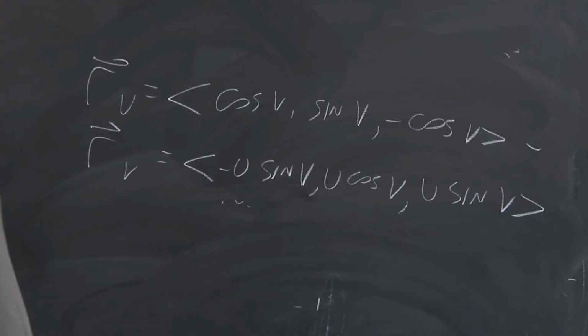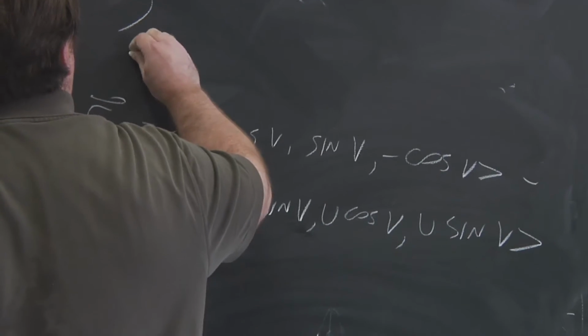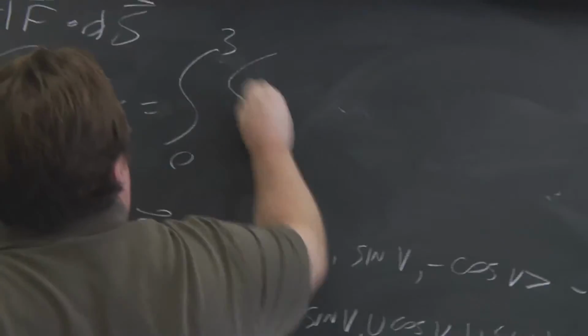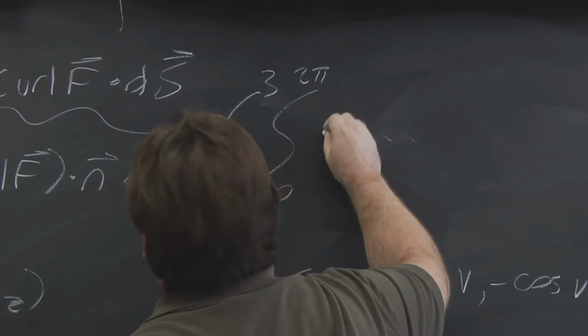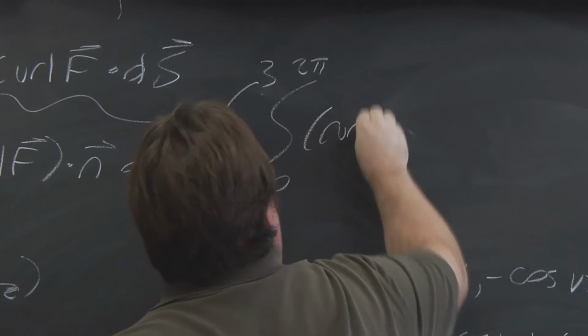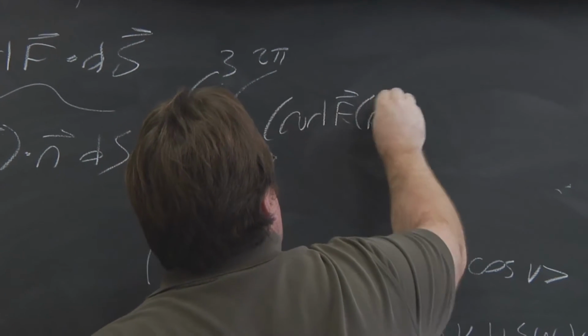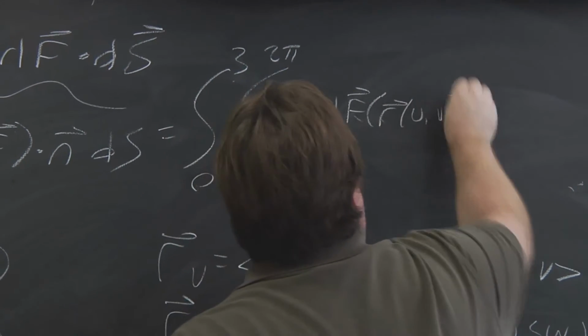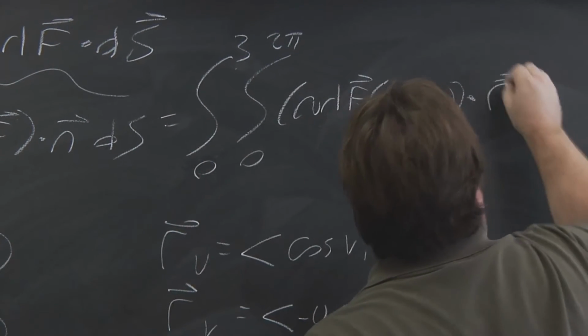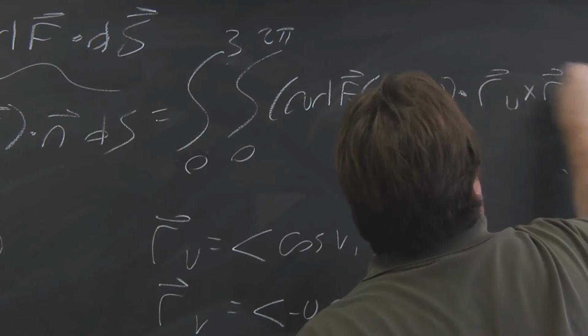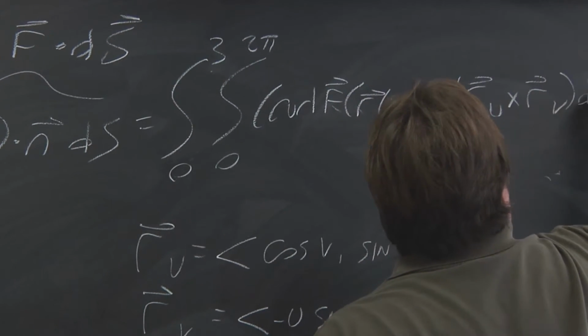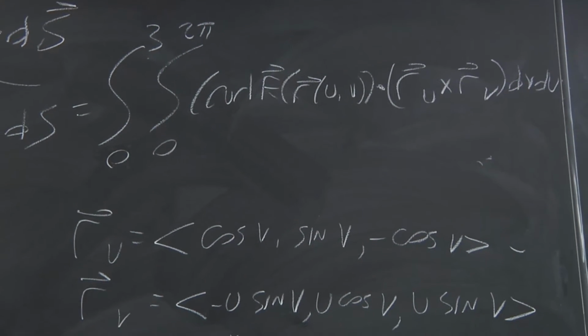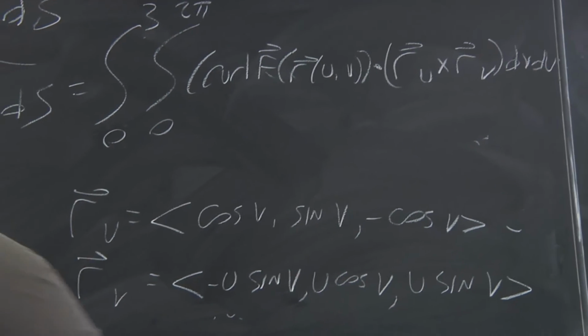And now we need to take the cross product. What we're going for is the integral from 0 to 3 in u and 0 to 2 pi in v, of the curl of F at r of u and v, dot product with the normal ru cross rv, dv du. That's what we're going for. We just got to fill in all this. So we need the cross product of these two.